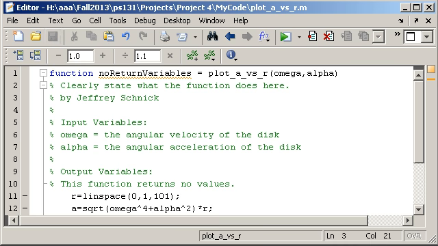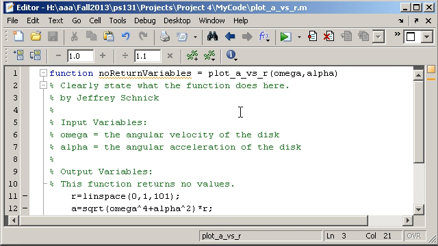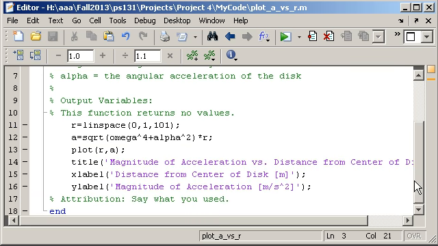Okay, I call them input variables, which they said was okay too, but yeah, I got my list of input variables and what each one is. This one should return no value, stating right in fact that your function returns no value. Oh, values, this function returns no values. Not very creative, but gets the job done.